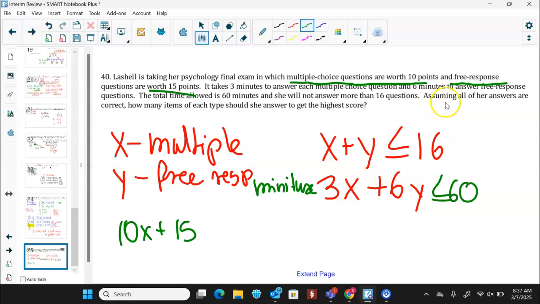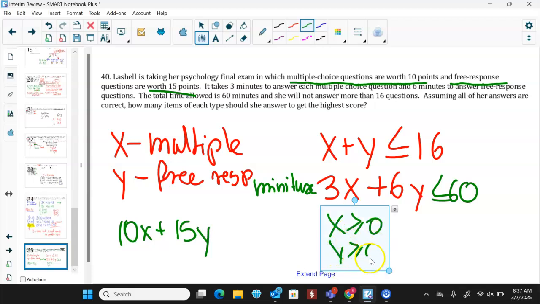And we're trying to figure out, assuming all answers are correct, how many items of each type should she answer to get the highest score? So we are going to, again, have x greater than 0 and y greater than 0 and figure out what the points are, and then plug them in to see.